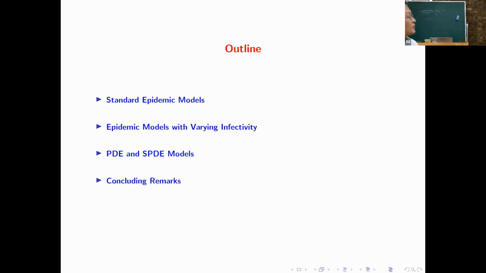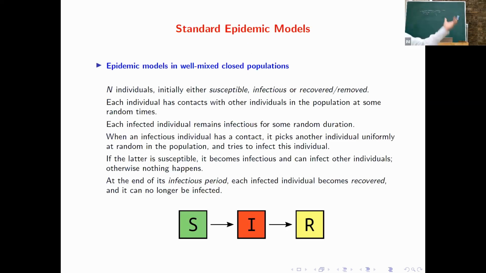I'm not sure everyone has the same background, so I'll briefly talk about the standard epidemic models, and then I'll introduce the new epidemic models with varying infectivity and infection-age-dependent infectivity, and then get to the PDE and SPDE models as the scaling limits of the measure-valued processes. I hope you're not disappointed that you don't see SPDE on the first slide. And then I'll conclude at the end.